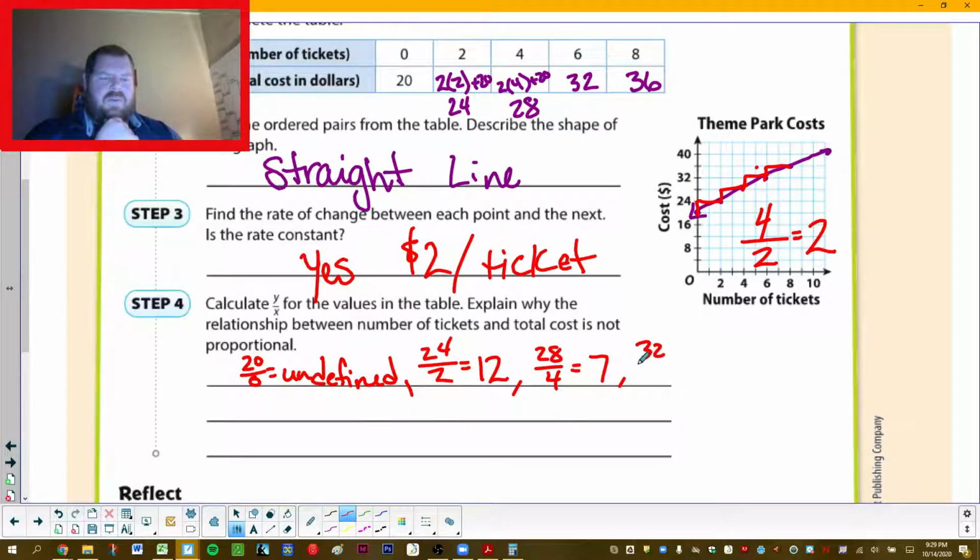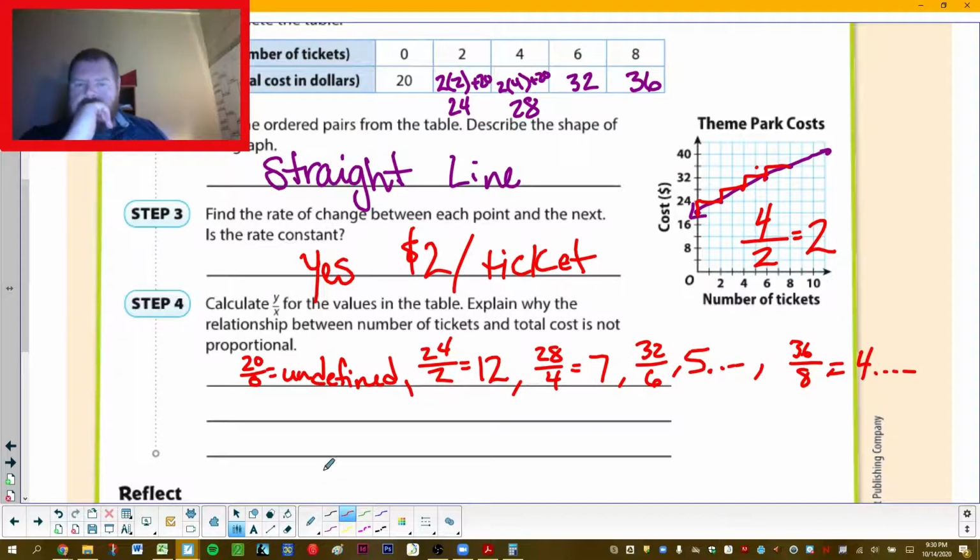Gosh, what are we getting at here? That's kind of the question. This is 5 point something. It's not 6, it's not 5. It's somewhere between 5 and 6. And the last one would be 36 over 8, and that would equal 4 point something.